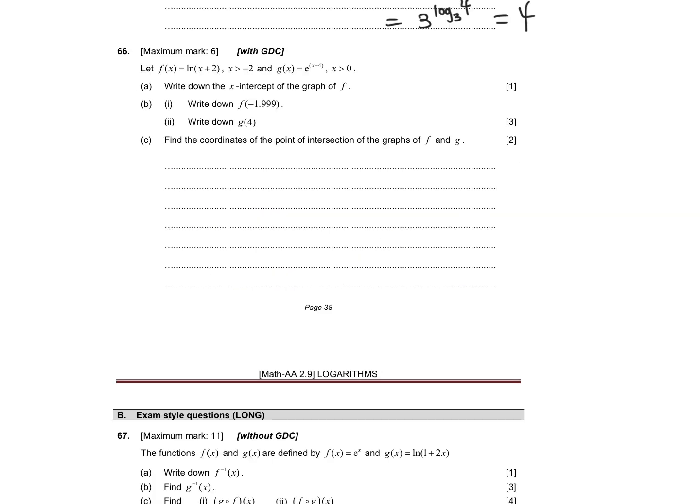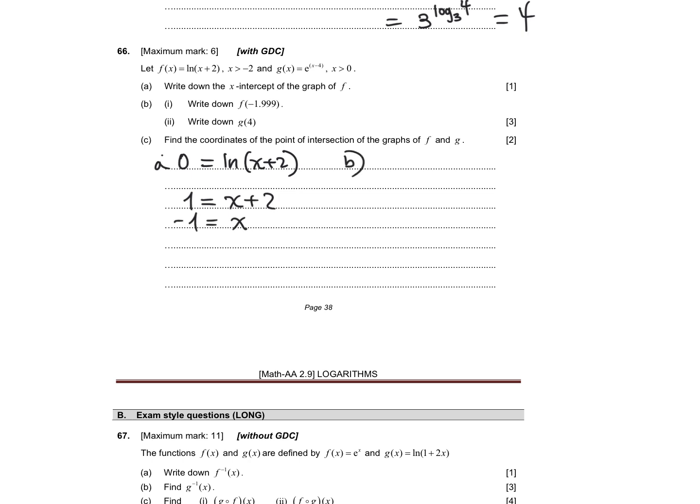All right, let f at x equal that, x greater than -2, g is that, x greater than 0. Write down the x-intercept of f, so we need to set y to 0. So writing this exponentially, we've got e to the 0, which is 1, equals x plus 2, so x is -1.